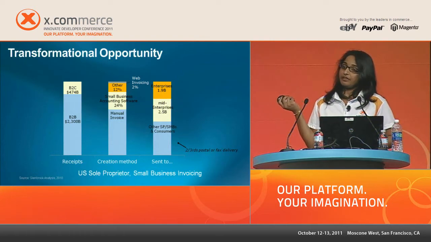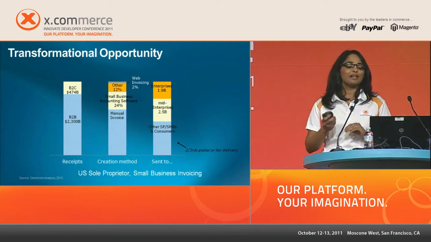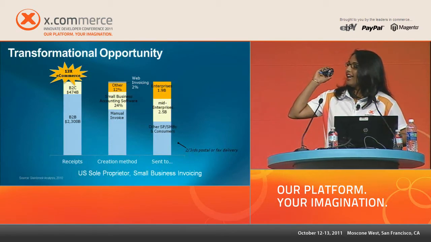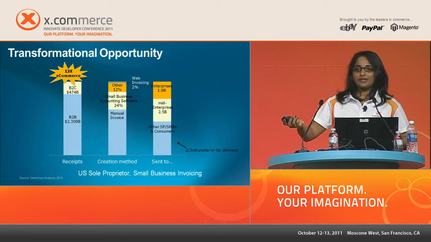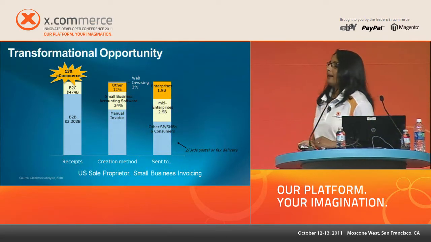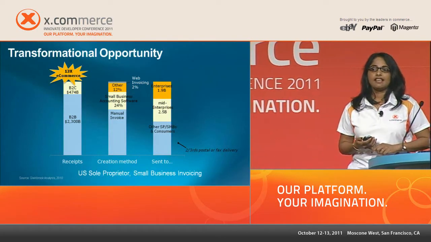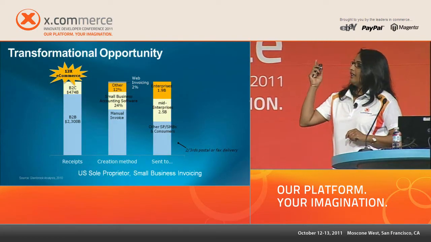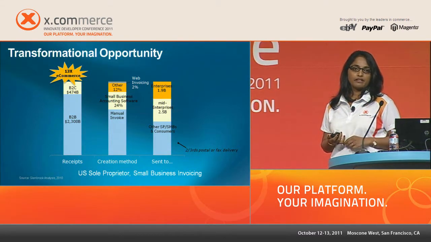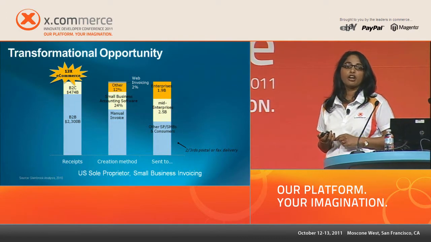So we see this as a really transformational opportunity, and this slide has too many numbers, but I want 3 key takeaways for anybody who is going to look at this. Historically, eBay, PayPal has been in the e-commerce, merchandising, and payment space, but what we found out from a Glenbrook analysis last year that we conducted was the invoicing, small business, and sole proprietor space is 13 times the size of the market opportunity for e-commerce, right?